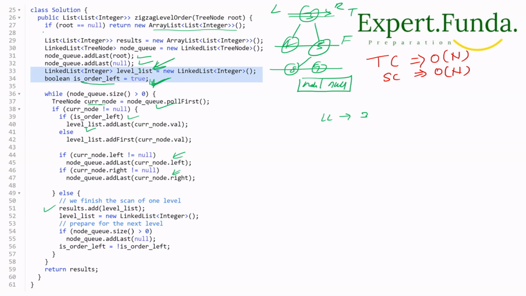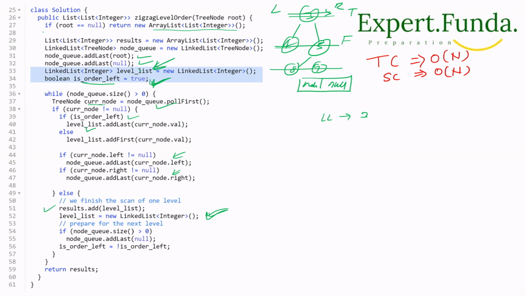Then level list is nothing but we have to initialize this one again. Once we have added it here, we will reinitialize it so that the previous value will get cleaned, right. Like first we have added 3, now we have to add 4 and 5, right. So we will reinitialize this one.